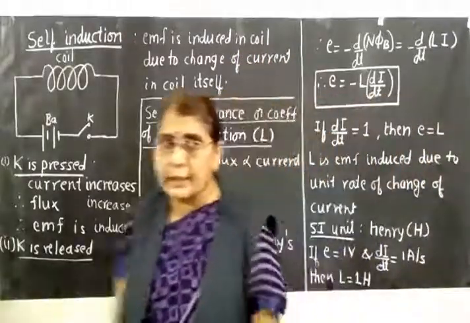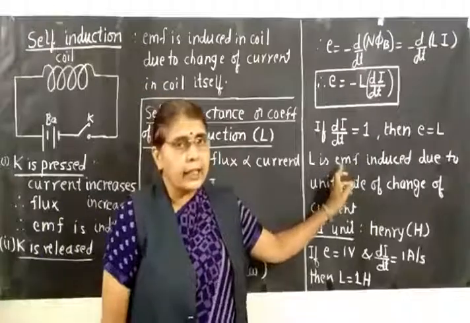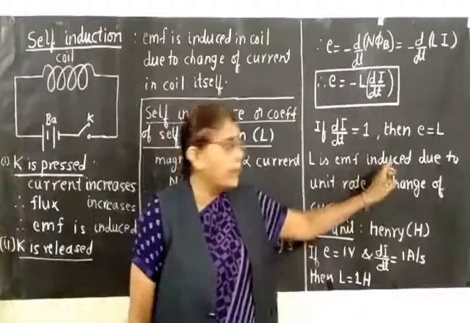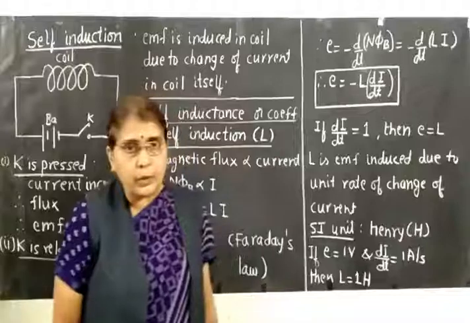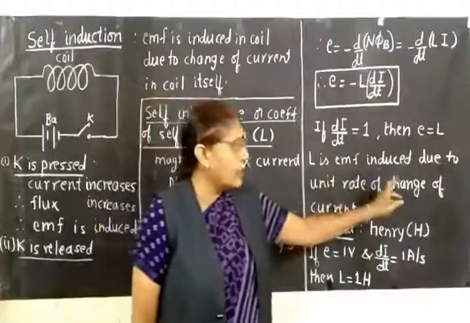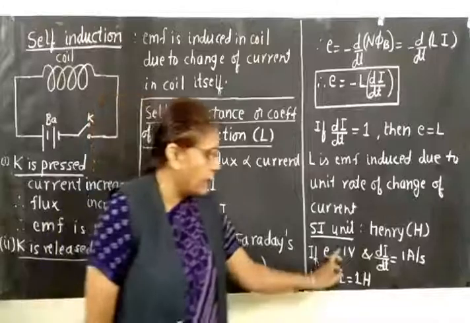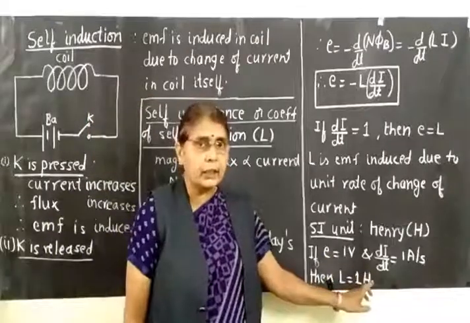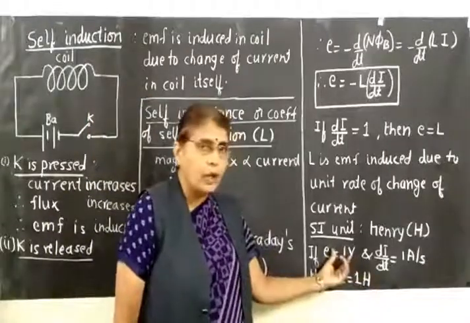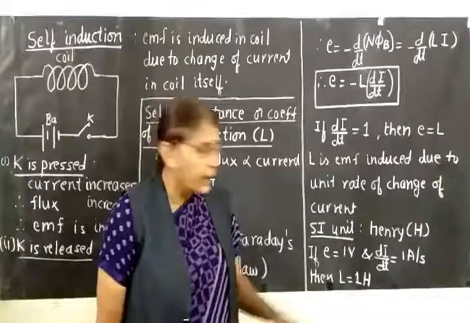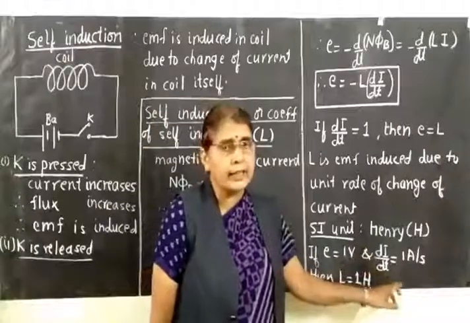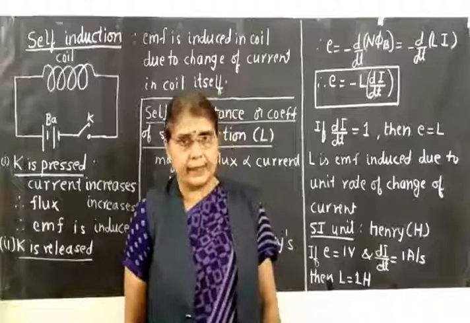What is self-inductance? Self-inductance of a coil is the EMF induced in it due to unit rate of change of current. And when is the self-inductance said to be 1 Henry? Self-inductance is said to be 1 Henry if 1 volt of EMF is induced in it when the rate of change of current is 1 ampere per second.